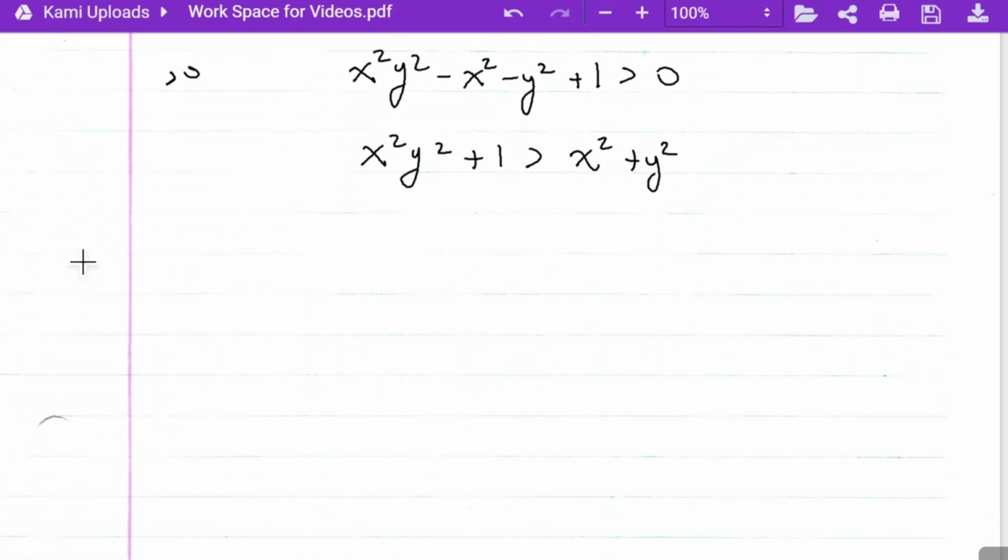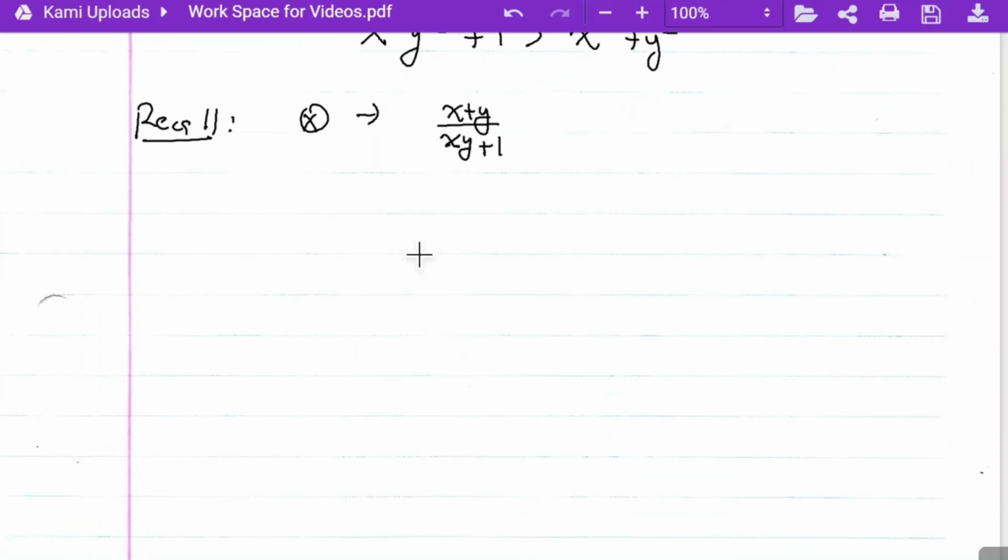Now, what I need to do is recall the form of the binary operation. So notice that I have x plus y on this side and then xy plus 1 on this side. But the problem is that these are squared. So what I need to do is complete the square in order to isolate these terms right here.